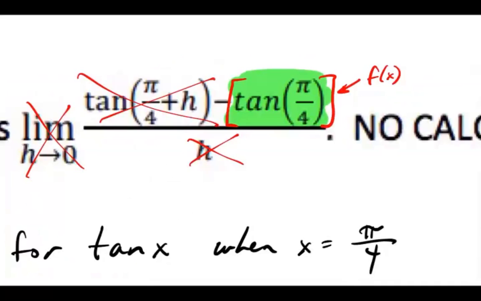One of those three. Usually they won't put secant, cosecant or cotangent up here. Your focus just goes directly to the green. Everything else you block out.